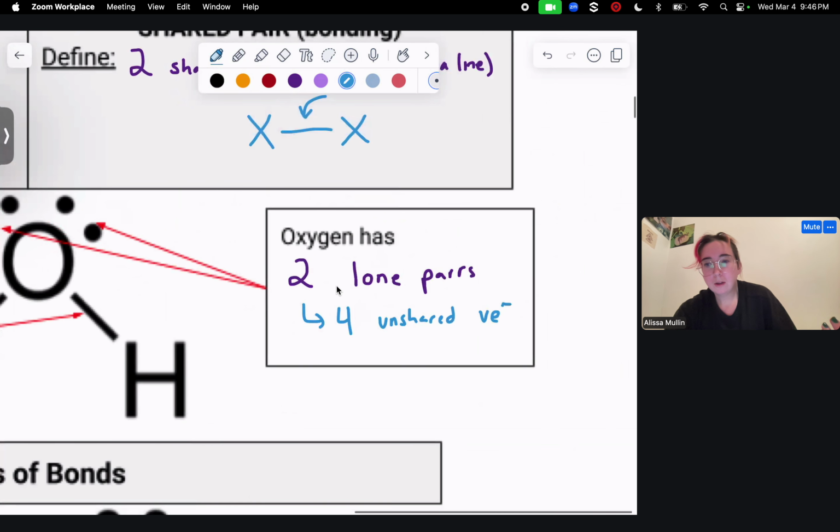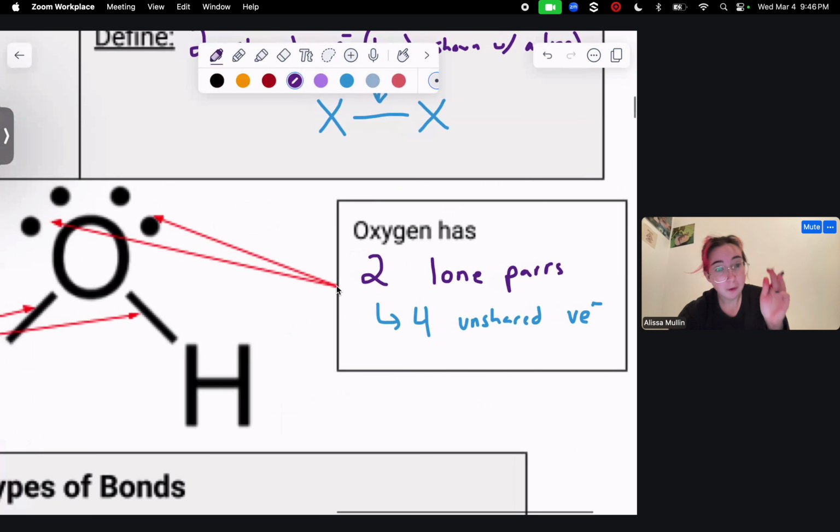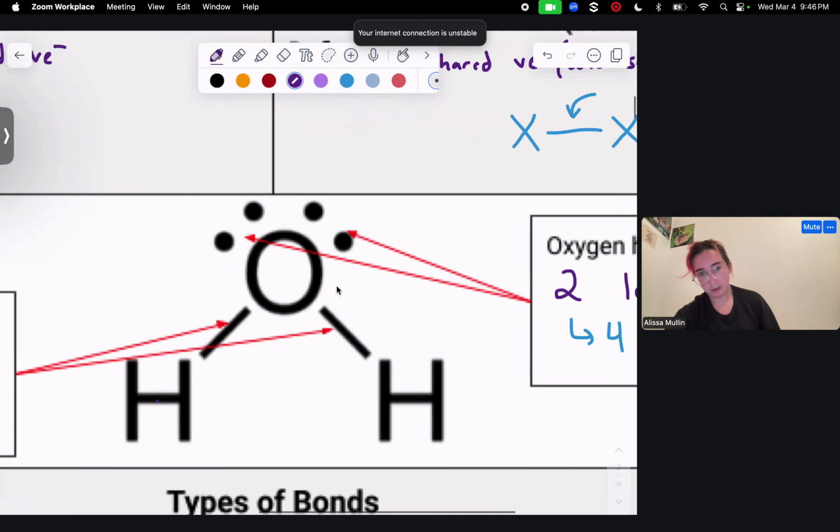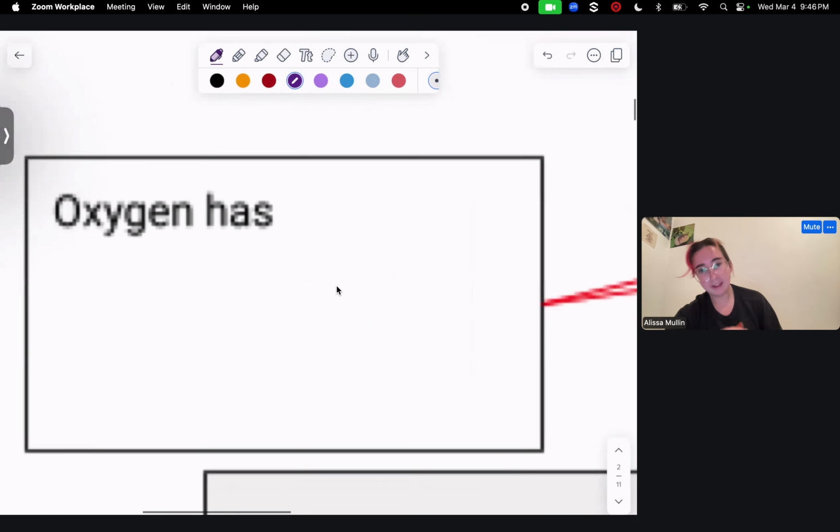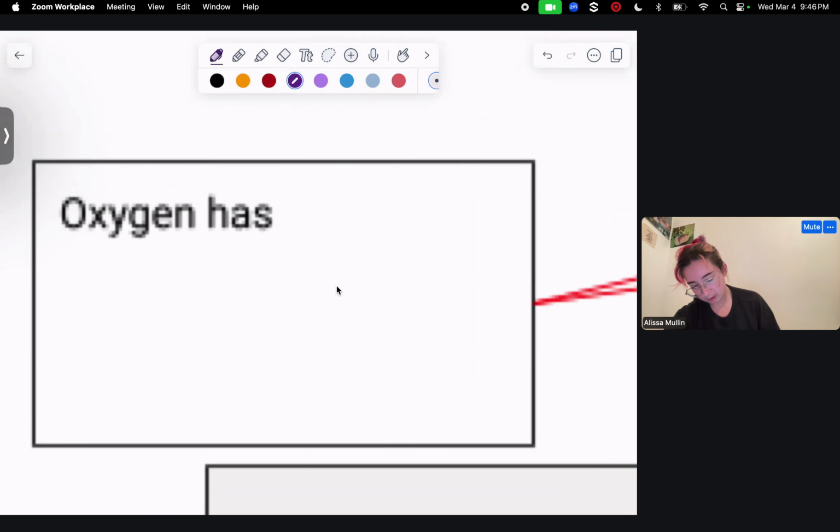Cool. And then we look at what else is attached to our oxygen here. So there's the dots on it, the lone pairs, and then there's also some lines attached to it. So it also has these lines. Those are bonds. It has 2 covalent bonds.